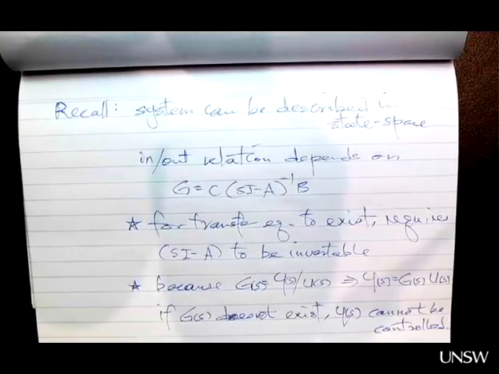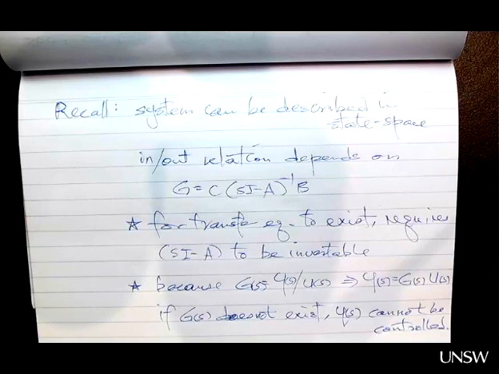So agree with this. We need a solution that exists. Otherwise, the output of the system cannot be controlled by any means. Okay, agree with this concept, right? We need a mathematical transfer function to exist.